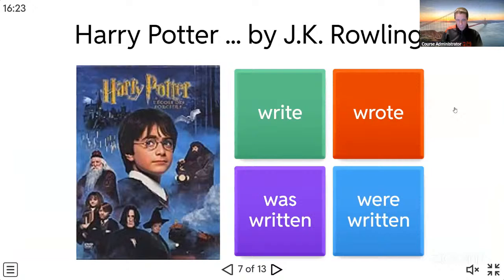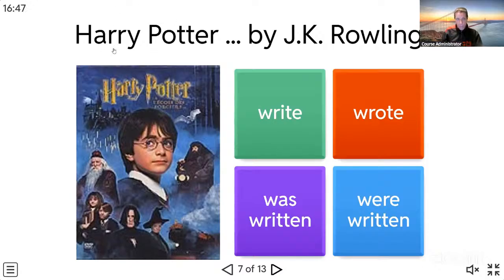This is something that I mentioned earlier. The novel, that was also made into a film. So the novel in this case is Harry Potter. And Harry Potter is not the person who wrote the book, J.K. Rowling.